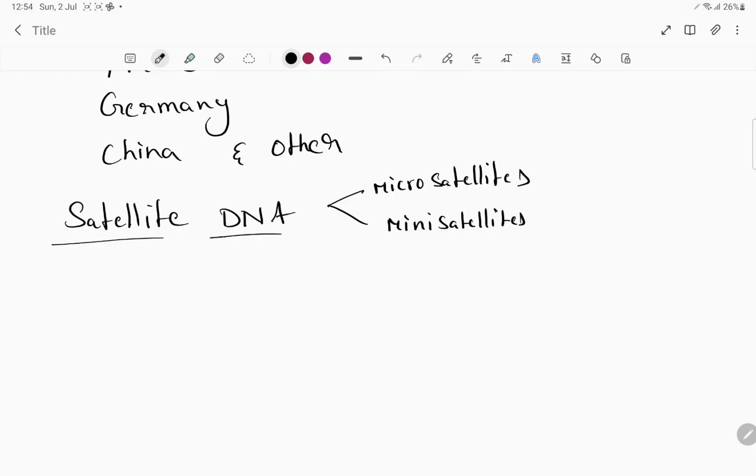These are stretches of repetitive DNA which do not code for any specific protein. For example, if it is ATAC, repeatedly you will have ATAC and again ATAC and again ATAC. Like this it would be repeated. This will not code for any specific protein.